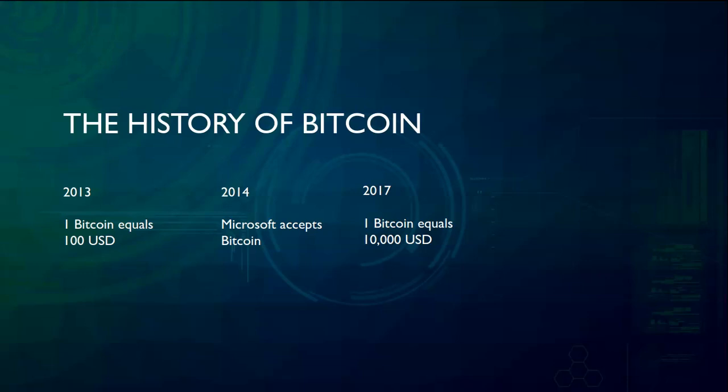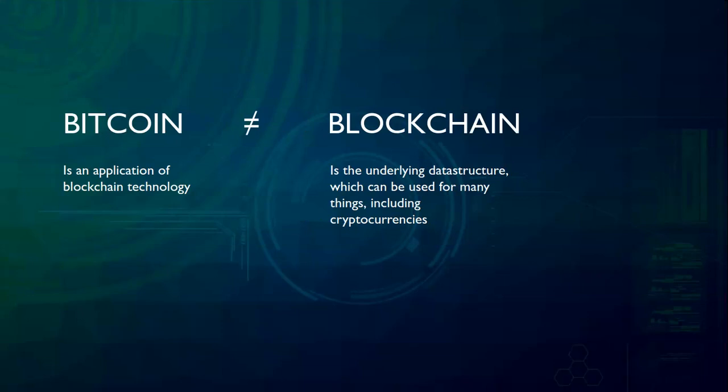Just know that. Many people are trying to confuse the difference between Bitcoin and blockchain. So I think from this you should be able to know the difference. Bitcoin is an application of blockchain technology.